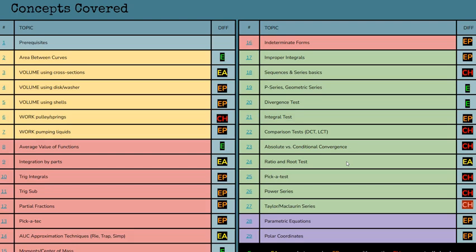Do you remember basic u-sub, finding the area between two curves, the three different ways that we might find volume, work, average value of a function, the different integration techniques and which one to use when, the different ways to check if series converge or diverge and which one to use when.